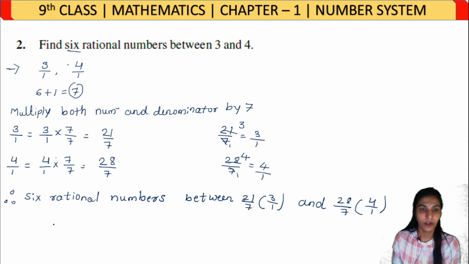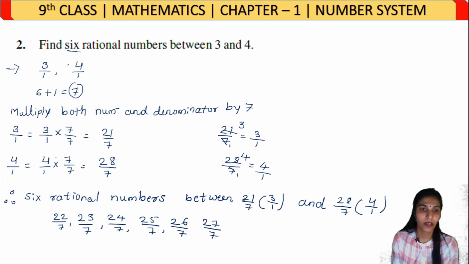So after 21 by 7: 22 by 7, 23 by 7, 24 by 7, 25 by 7, 26 by 7, 27 by 7. Take it out: 1, 2, 3, 4, 5, 6. So these are the 6 rational numbers between 3 by 1 and 4 by 1.